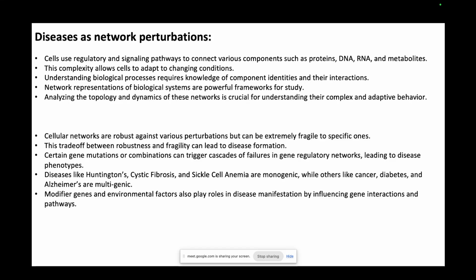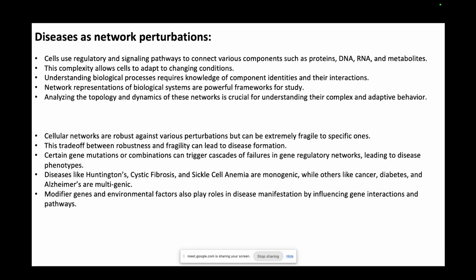So there is always a scope for perturbation in biological systems, be it good or bad. The systems are designed in such a way that small perturbations to certain elements inside the system don't perturb the system at that level.